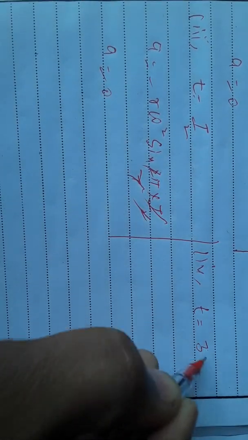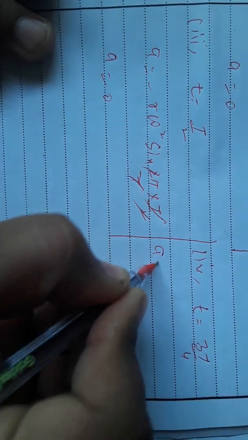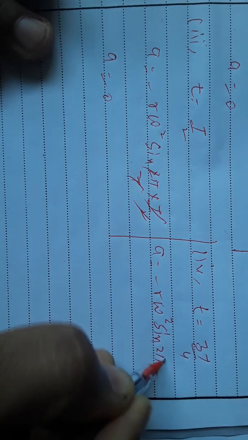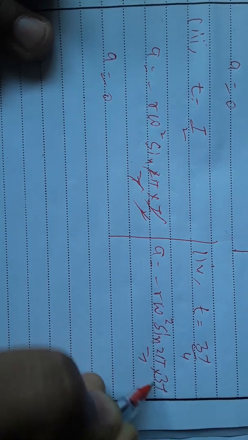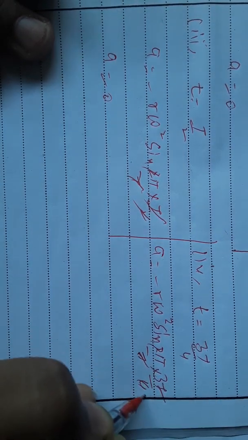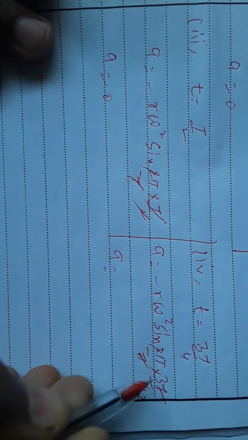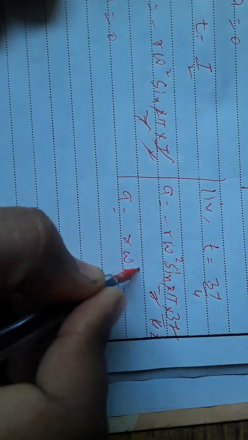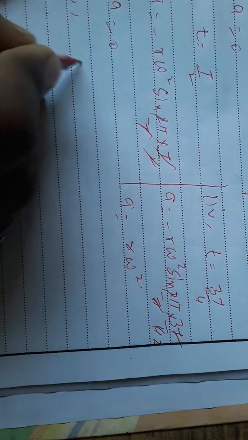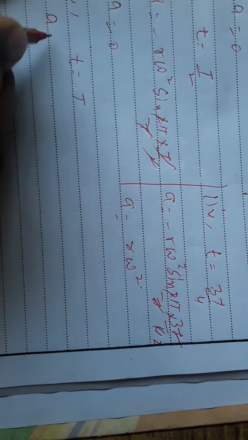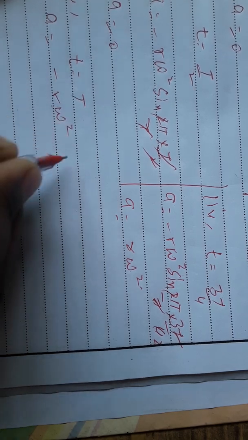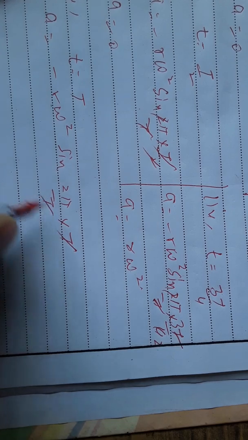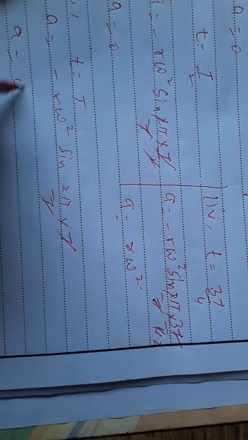Small t is equal to 3T by 4: A is equal to minus r omega square sin 2 pi upon T into 3T by 4. Sin 3 pi by 2, sin 270 is minus 1, minus minus is plus, so A is equal to r omega square. Fifth is small t is equal to capital T: minus r omega square sin 2 pi upon T into T, cancelled, sin 360 is 0, acceleration 0.